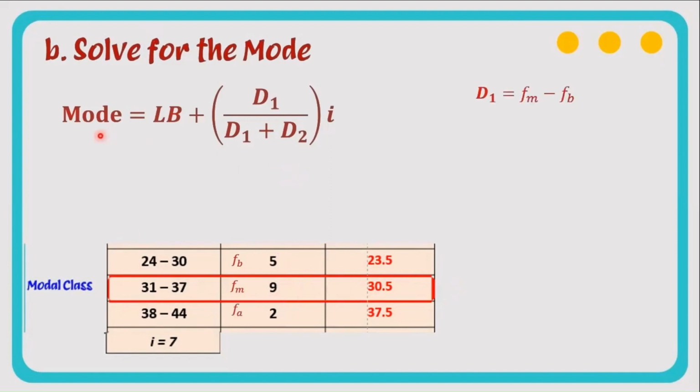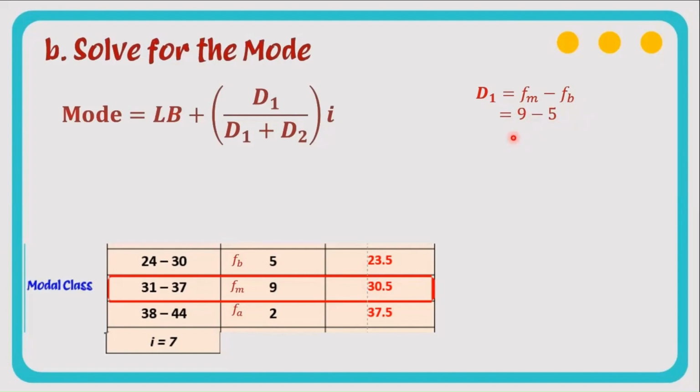Because our formula for the mode is a little bit complicated, we need to simplify first the D1 and the D2. If you can still remember, D1 is the difference of the frequency of the modal class and the frequency before the modal class. Difference means we need to subtract. So the frequency of the modal class is 9, and the frequency before the modal class is 5.